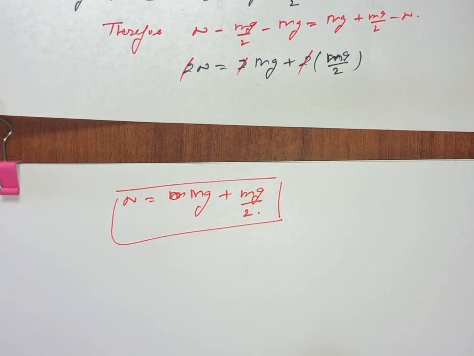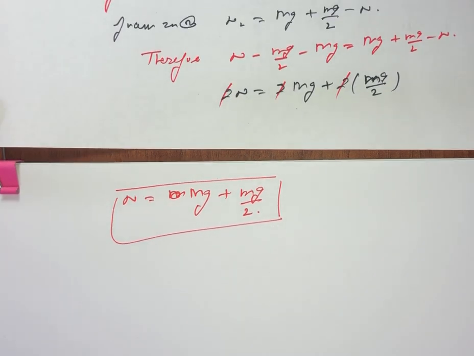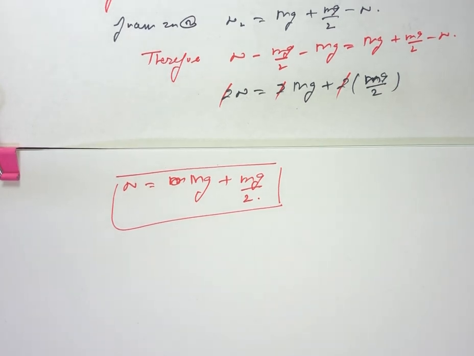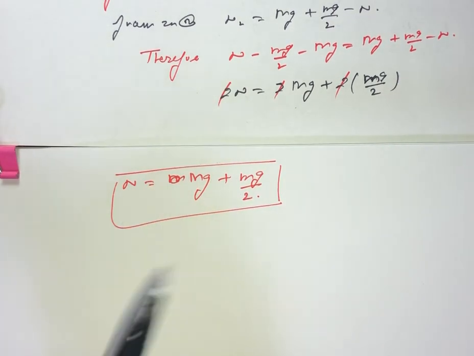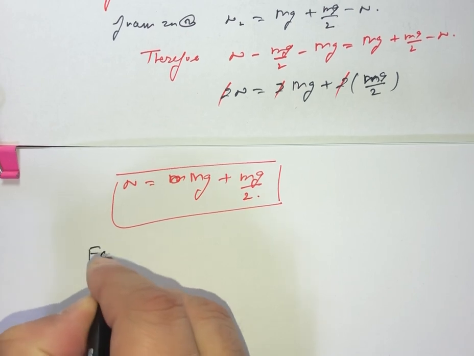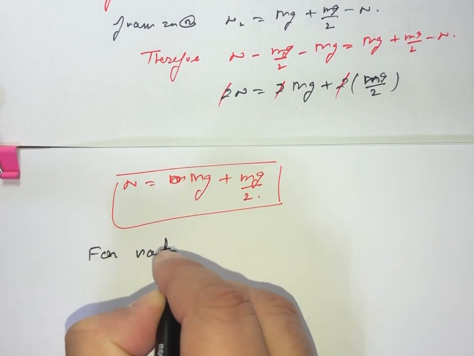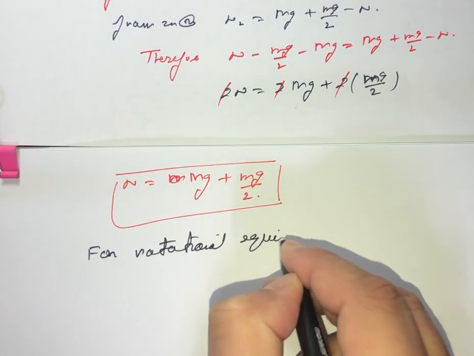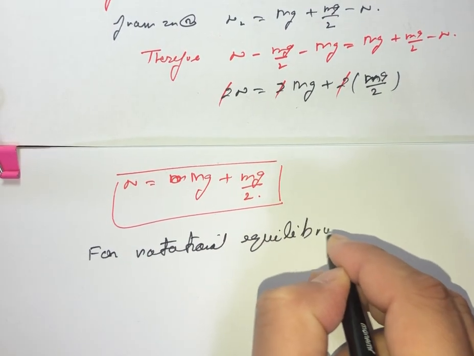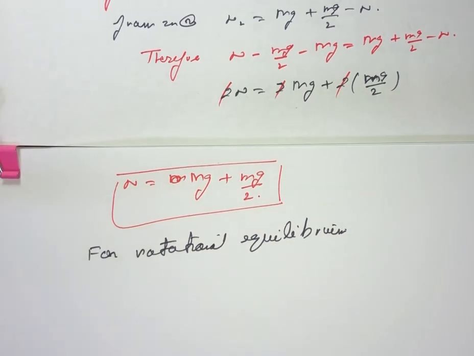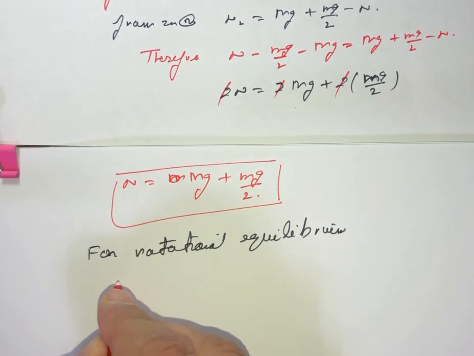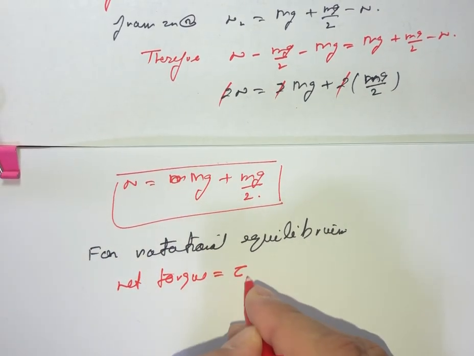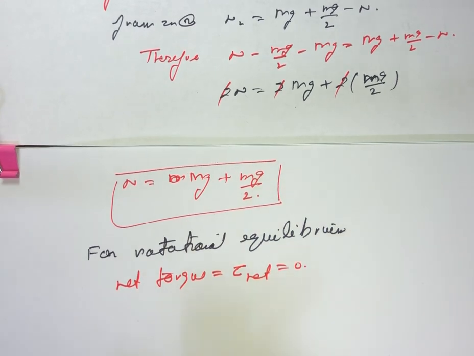Now we consider for rotational equilibrium, we can say the net torque should be equal to 0. Okay, for rotational equilibrium, net torque, that is tau net should be equal to 0.